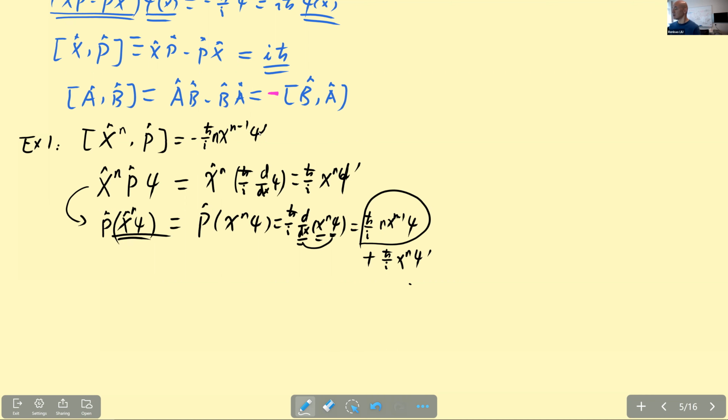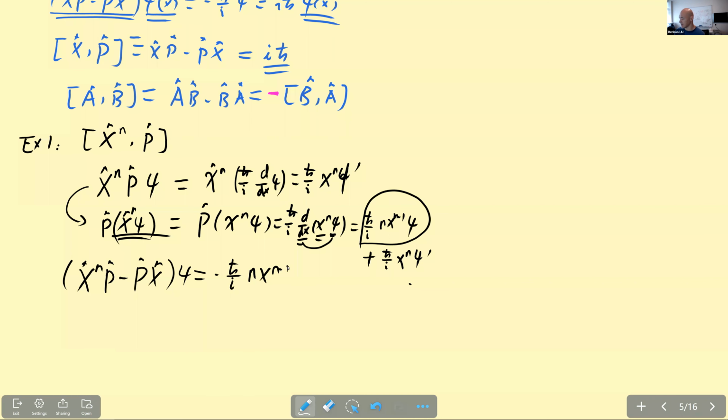So if we do the difference, you get this action, that's nothing but minus h bar over i and n times x to the n minus 1, acting on psi. So this just equals i h bar n and x to the power n minus 1 acting on psi.